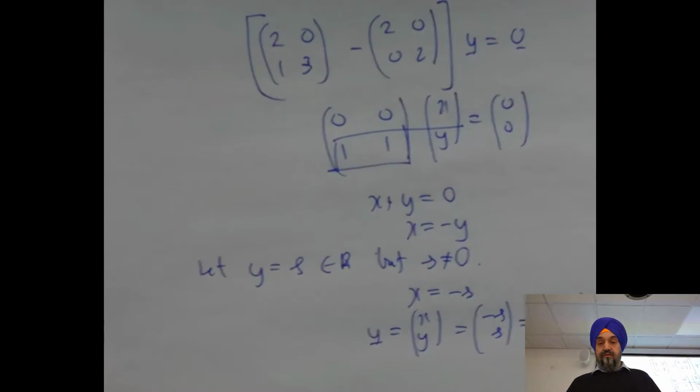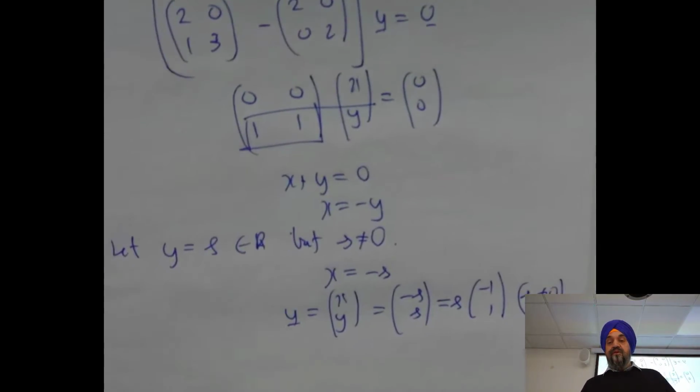That is your eigenvector. A simple one would be, if you're asked to find one, take s to be 1, so (minus 1, 1). But it could be (minus 2, 2), or (minus 3, 3). It could be (1, minus 1), couldn't it? It could be anything along that line. All right, that's the eigenvector. This is a general eigenvector.